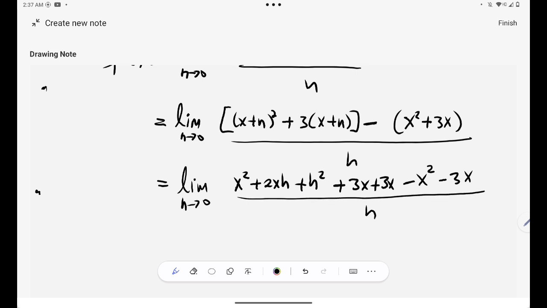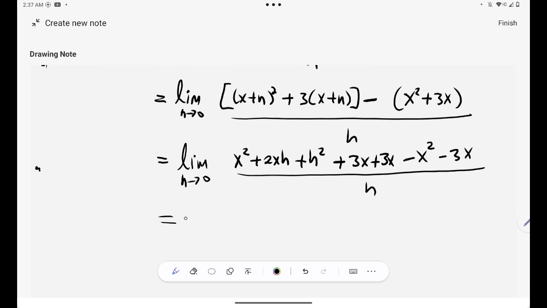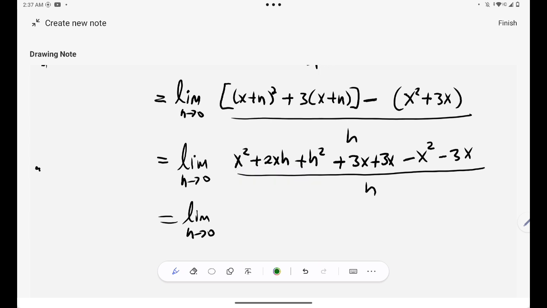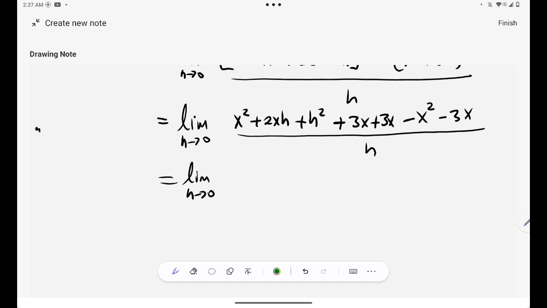This entire thing is divided by h. Please note, I will keep on writing limit as h approaches 0 until I substitute 0 whenever I see h. So if I haven't substituted 0 whenever I see h, I'll keep on writing this thing.